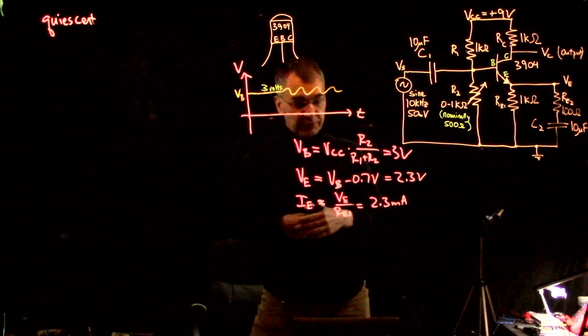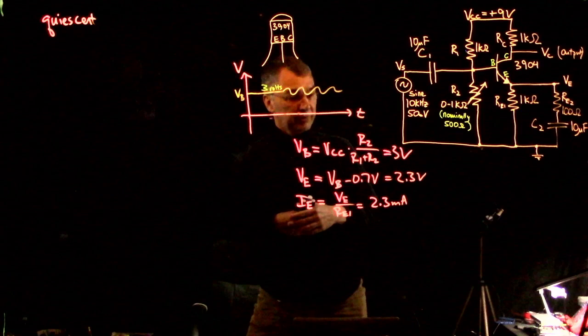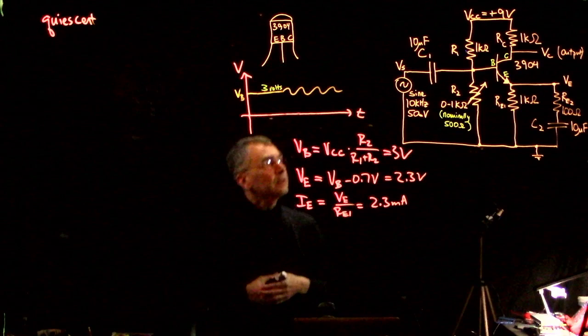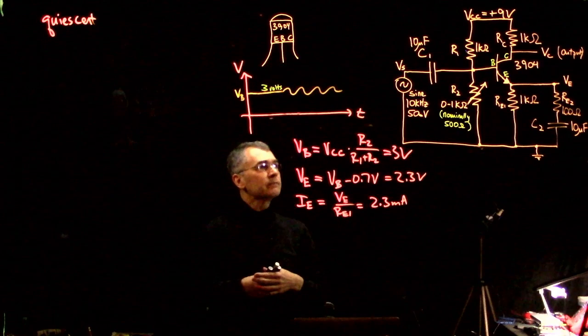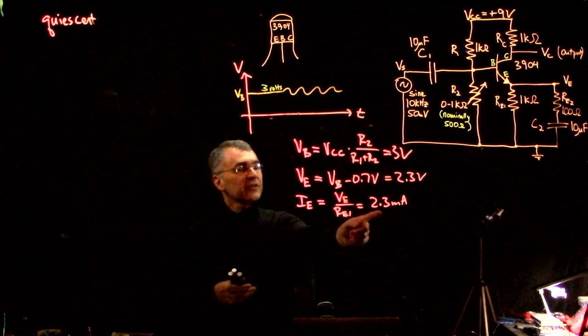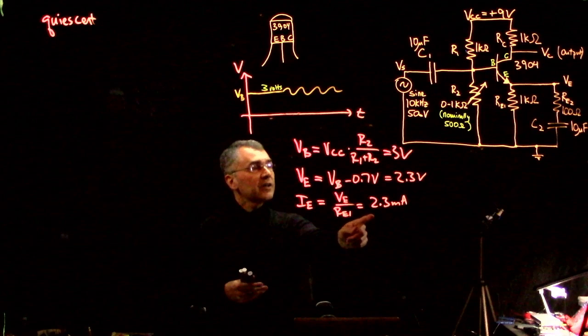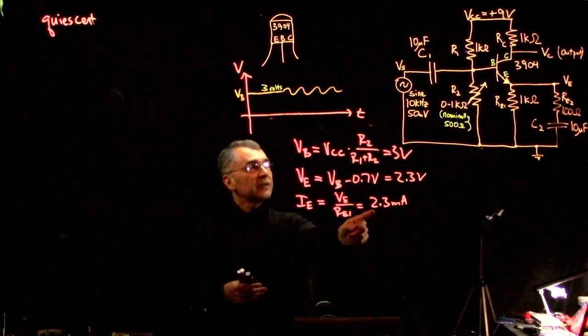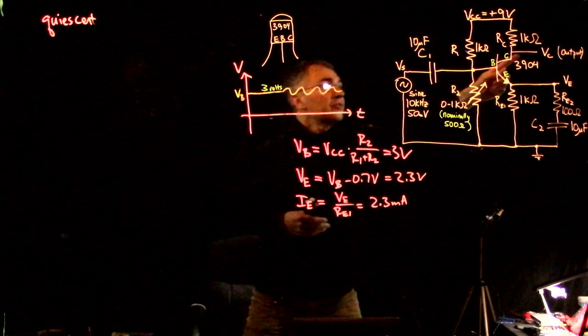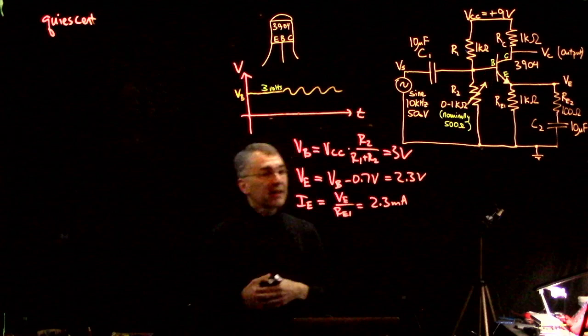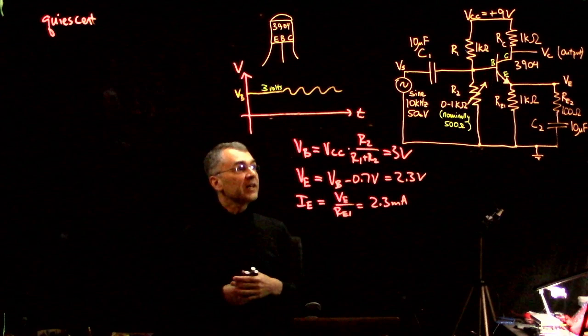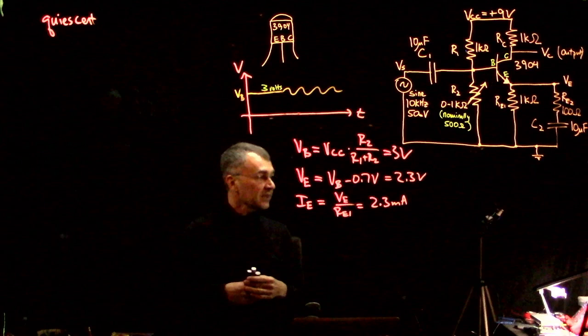I think we're even arranging for that to happen. Actually, no, not quite. A better choice would have been to put the quiescent V collector a little closer to 4.5 volts. It seems like this amplifier design didn't do that.